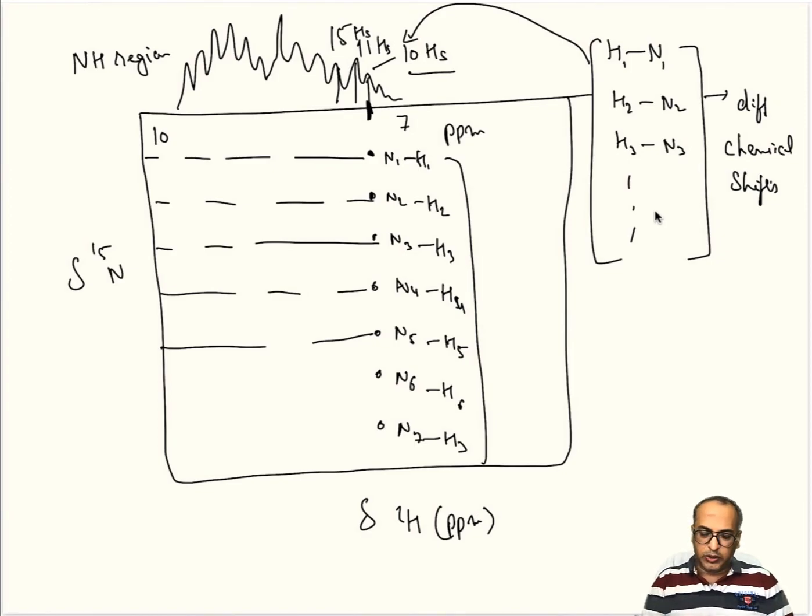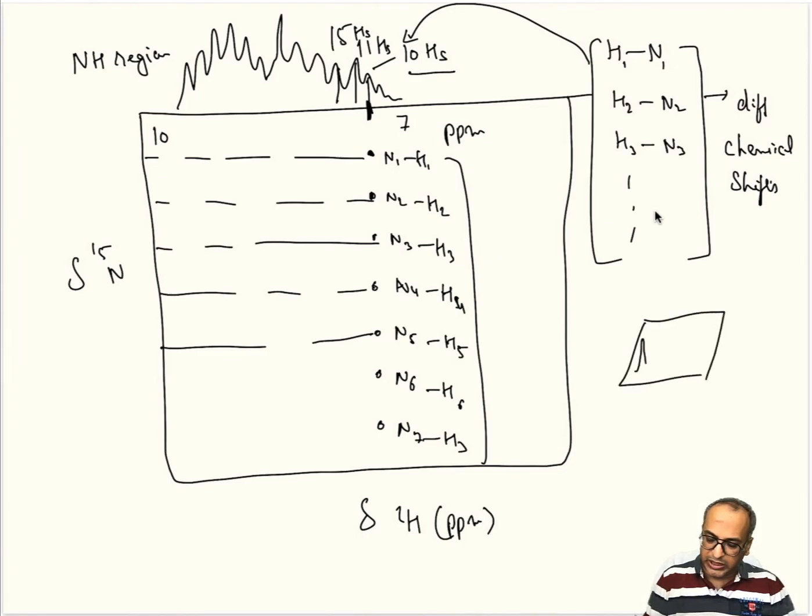10 different lines, right? When a spectrum is plotted in 2 dimensions, the spectrum appears like this, and the intensity is now plotted in the third dimension. Because your x dimension is proton and your y dimension is nitrogen, the intensity comes out of the plane of the board and you're looking from the top.